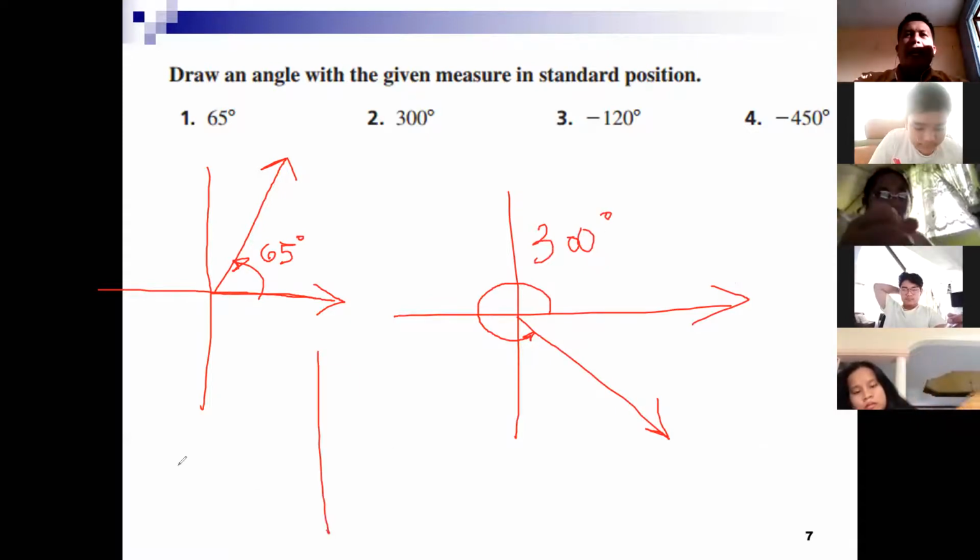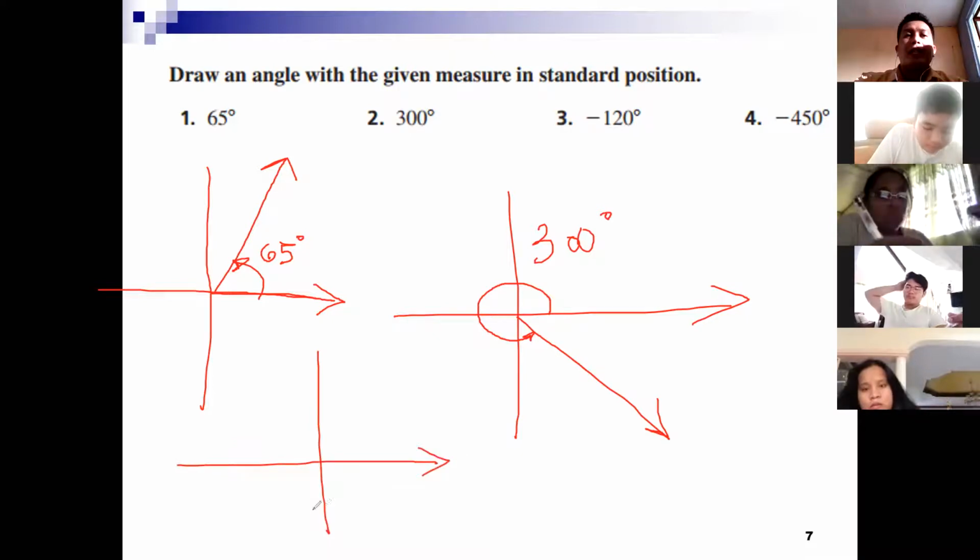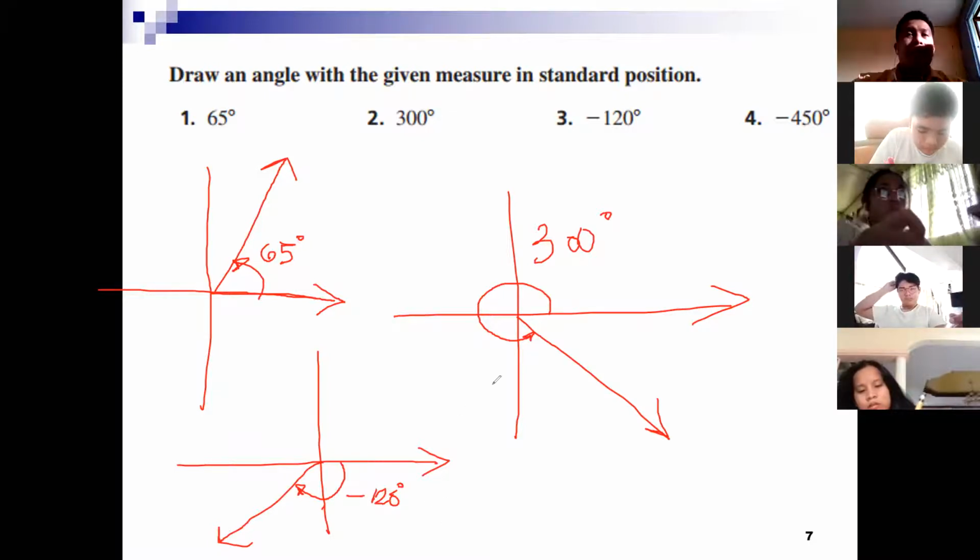Number 3, negative 120 degrees. So the direction there goes clockwise direction with more than 90 degrees. So there you have your 120 degrees negative. These are just assumed positions again, not exactly drawn to scale because I don't have a protractor in mind.